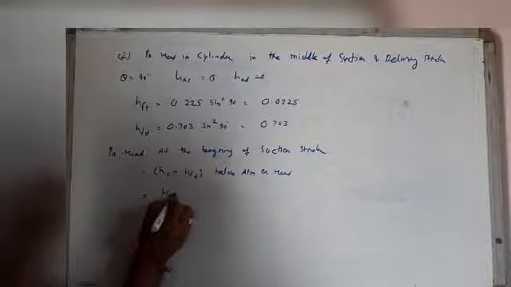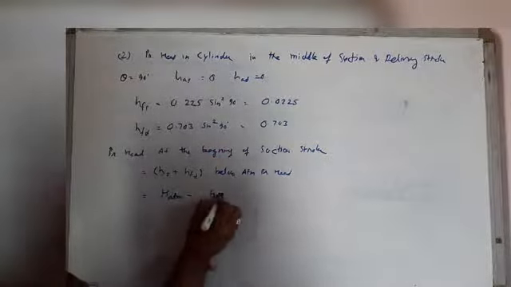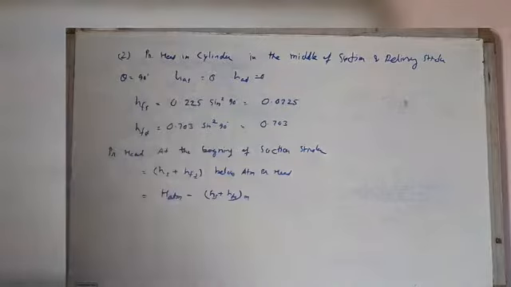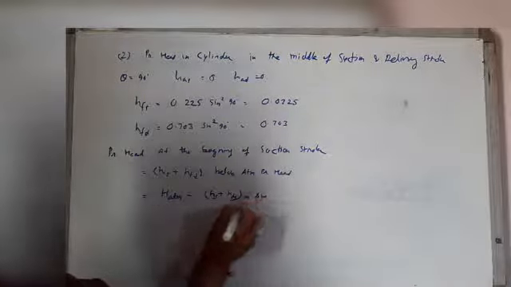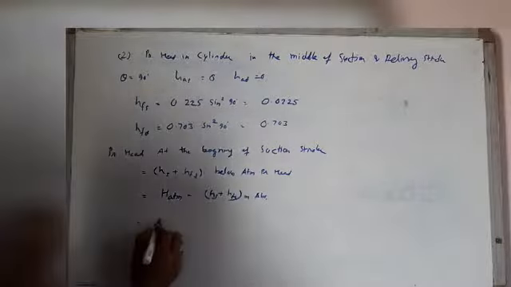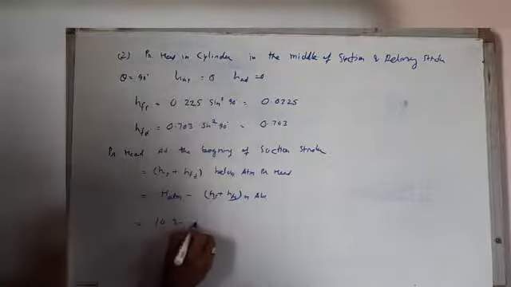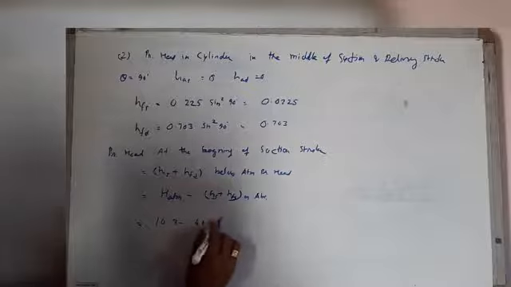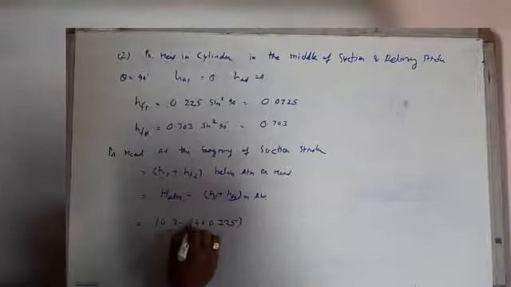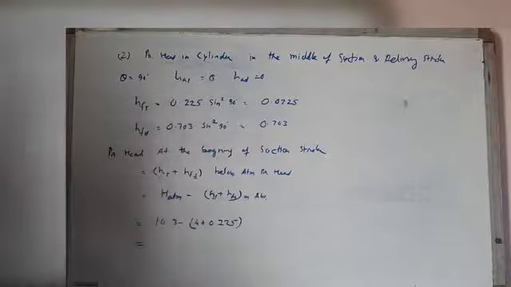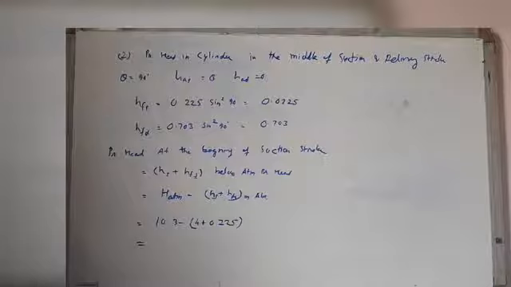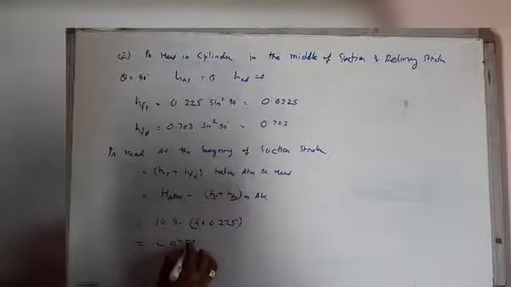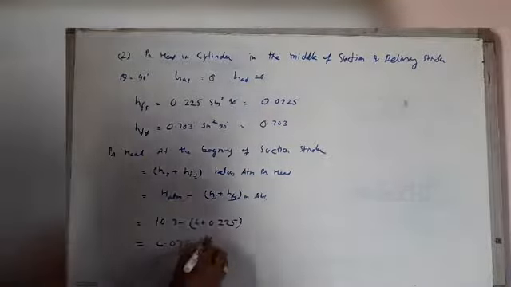So this is H atmospheric minus HS plus HFS meter absolute, equal to 10.3 minus 4 plus 0.225 is equal to 6.075 meter absolute.